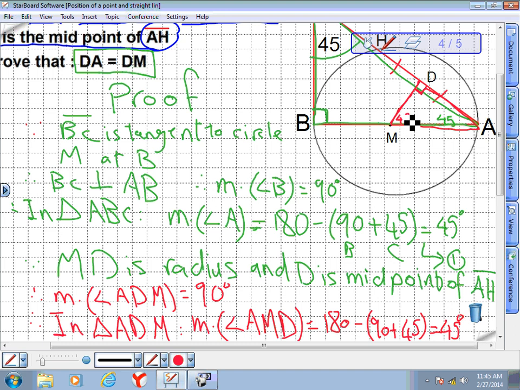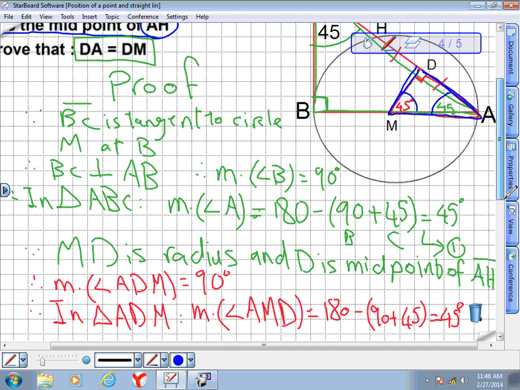So the measure of the angle here will be equal 45 degrees. Now we have in the triangle ADM measure angle M equals 45, measure angle A equals 45. So the two sides AD and DM will be equal because this triangle will be an isosceles triangle.